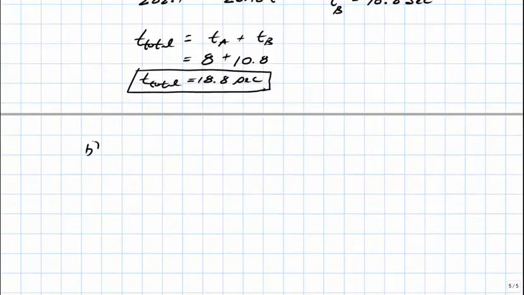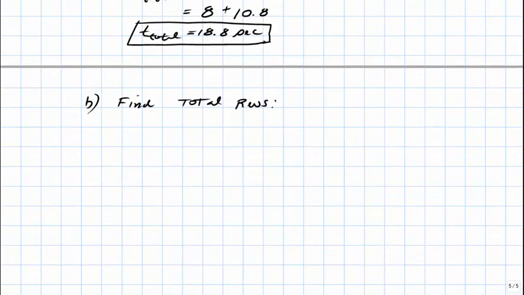So again, in Part B, we want to find the total revolutions. And to do so, we're going to find the total angular displacement first.